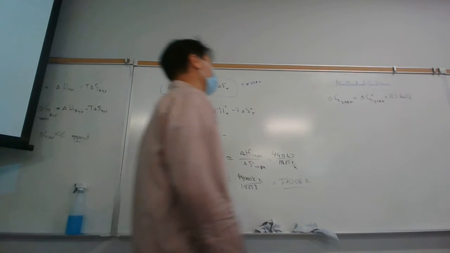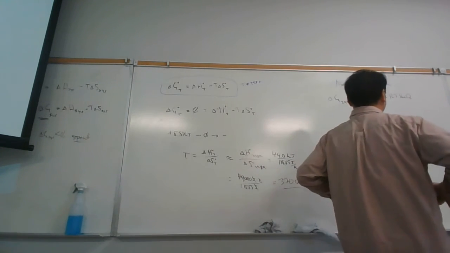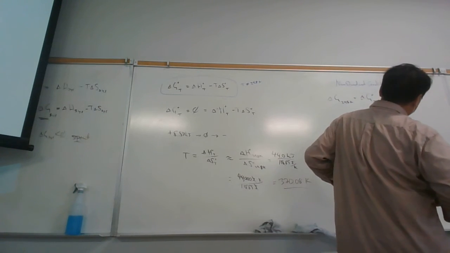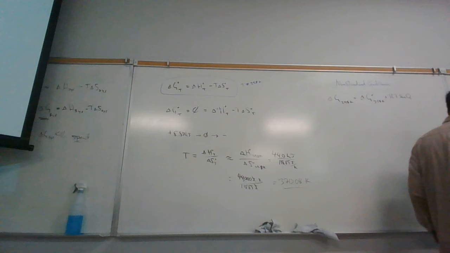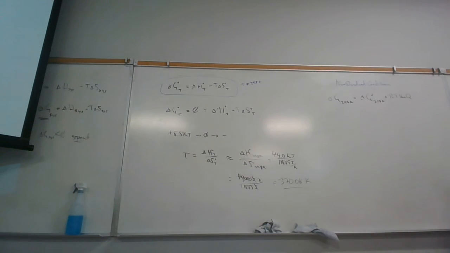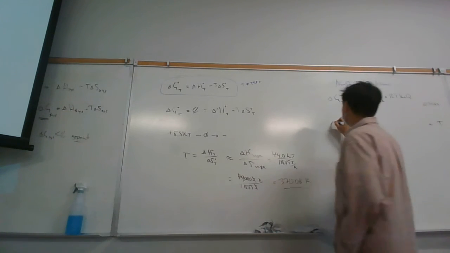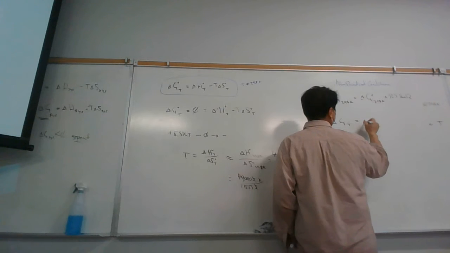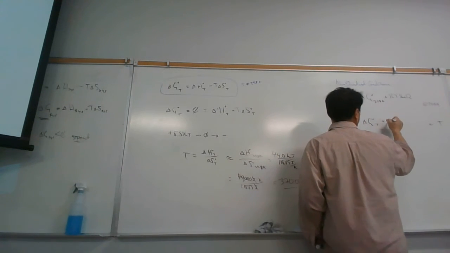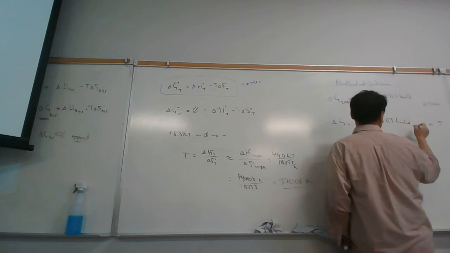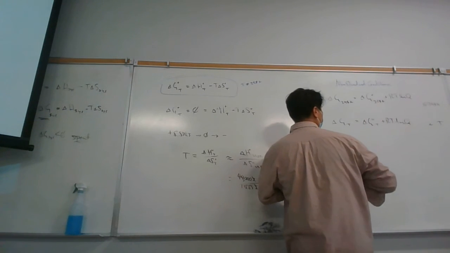This will be at 298 Kelvin. So what we can do is do this non-standard conditions at temperature T. So delta G at temperature T is equal to delta G naught at temperature T plus RT ln of Q. And so these are the two equations.